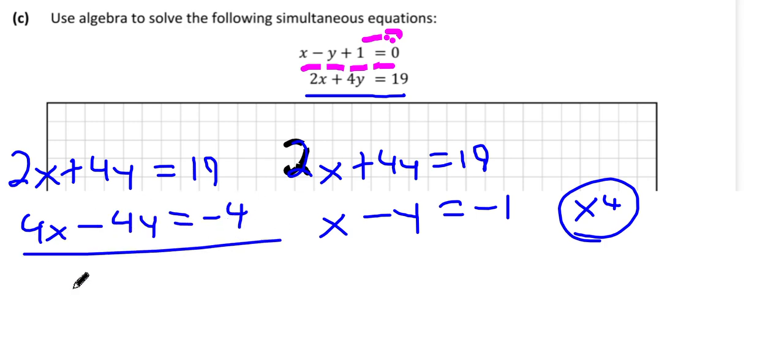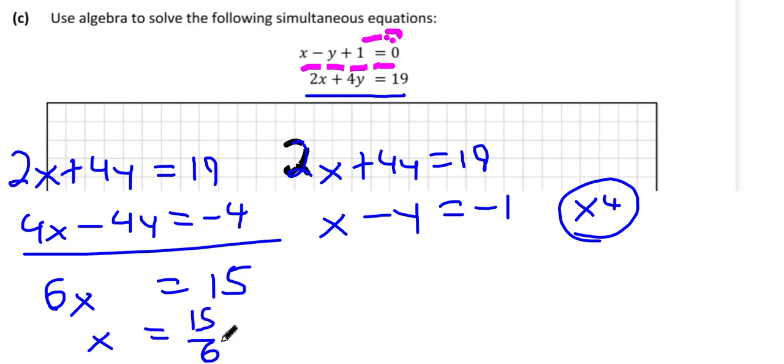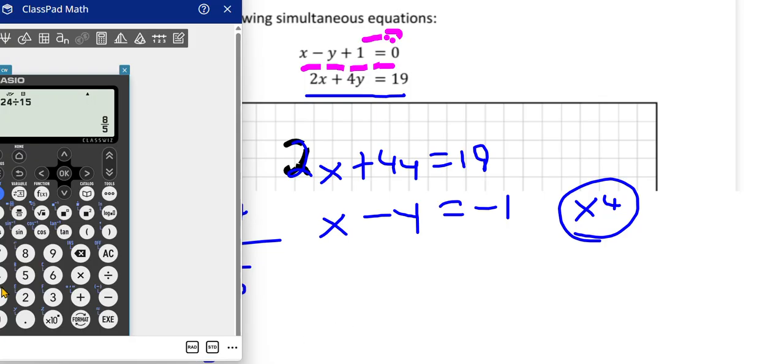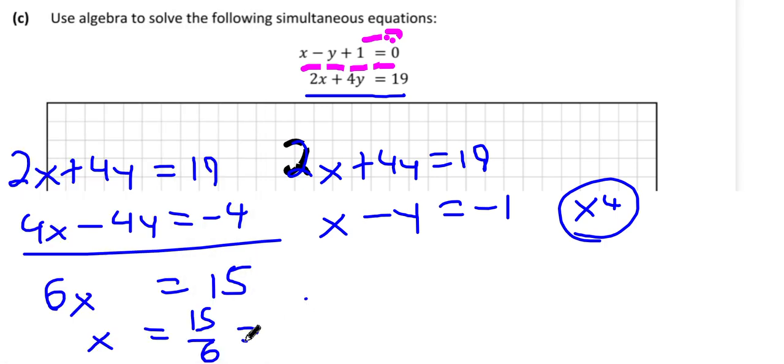And oddly enough, you end up getting 6x equals 15. Then divide 15 by 6, and use your calculator to tell me what you think it comes out as. 2.5. Now, it's your choice.